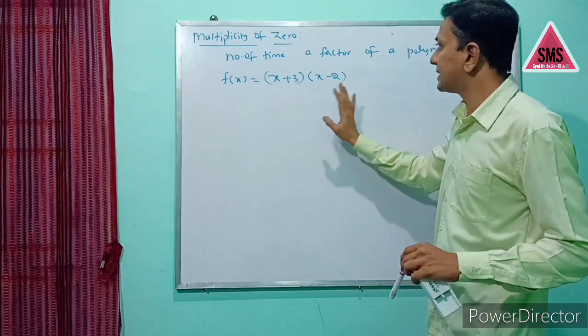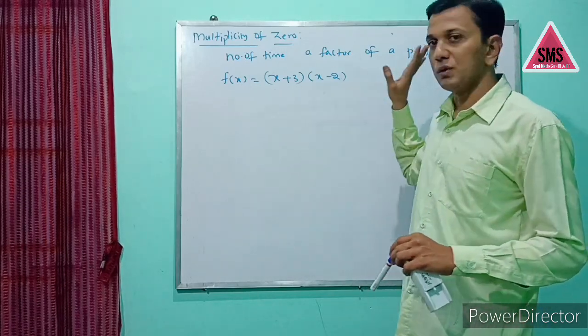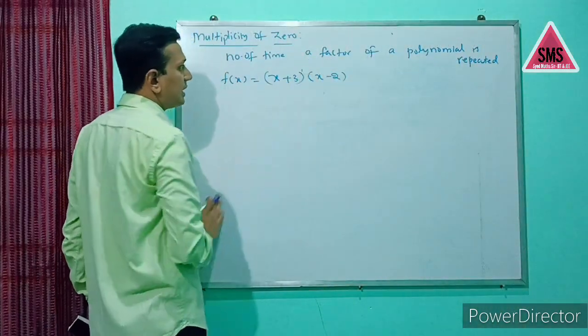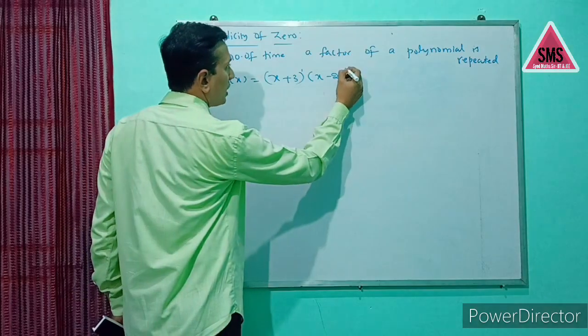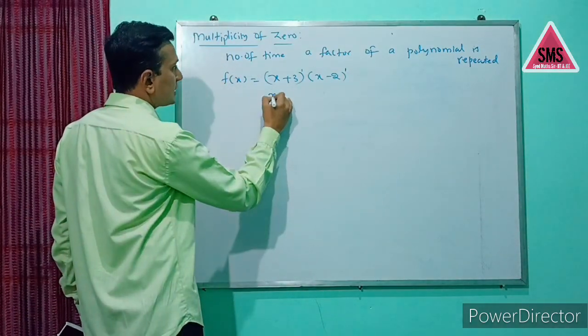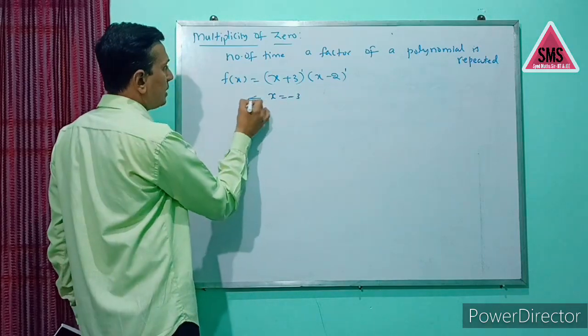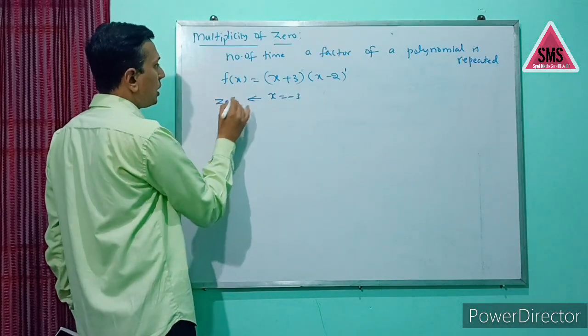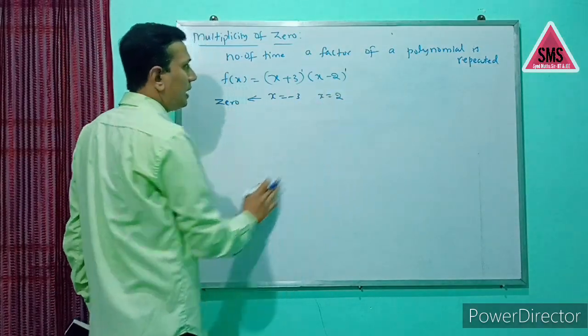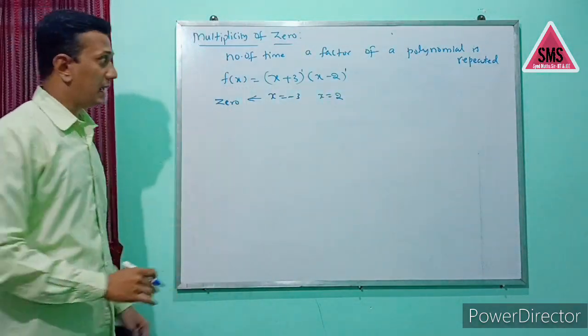So here, in x plus 3 and x minus 2, the exponent of each factor is 1. By seeing this, we can say that x equals minus 3 is a zero of this polynomial function. Similarly, x equals 2 is a zero of this polynomial.